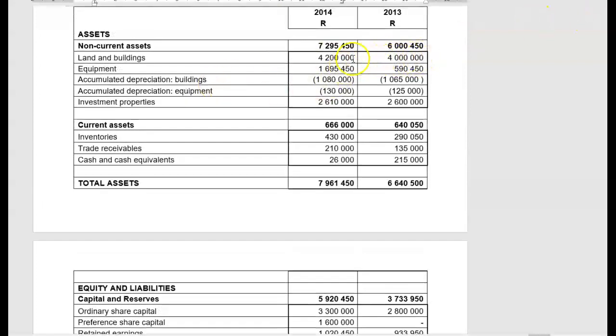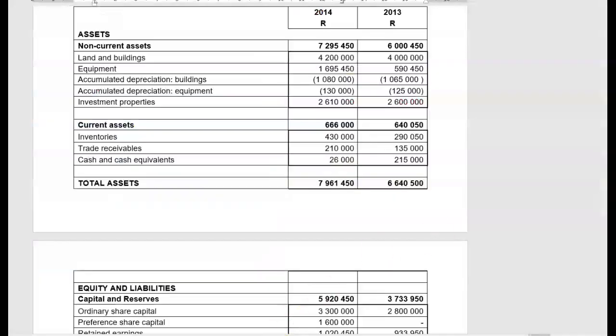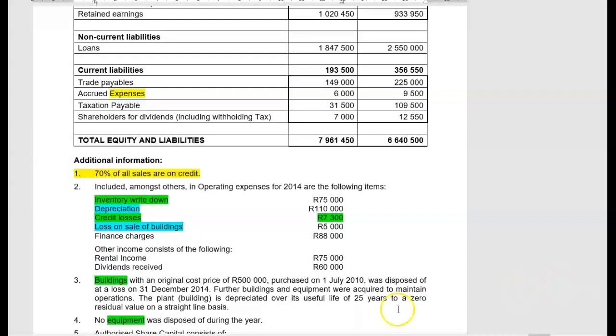Opening balance 4 million, closing balance 4.2 million. Open up accumulated depreciation buildings, opening balance 1,065,000, closing balance 1,080,000. So there's our cost, 4 million, 4.2 million, accumulated depreciation 1,065 and 1,080. Then we're ready for action.